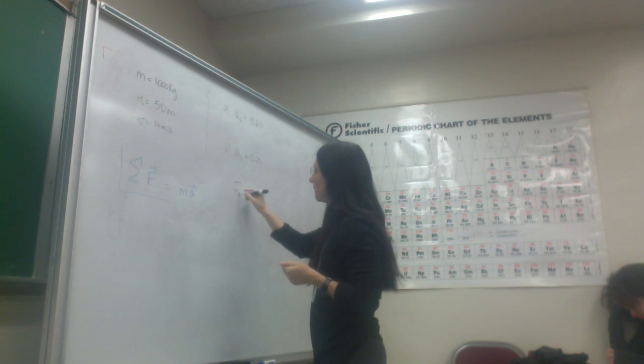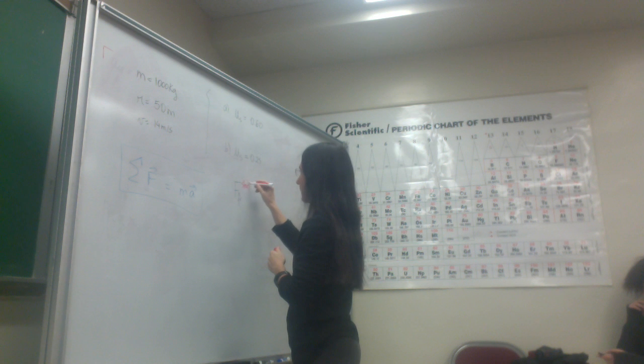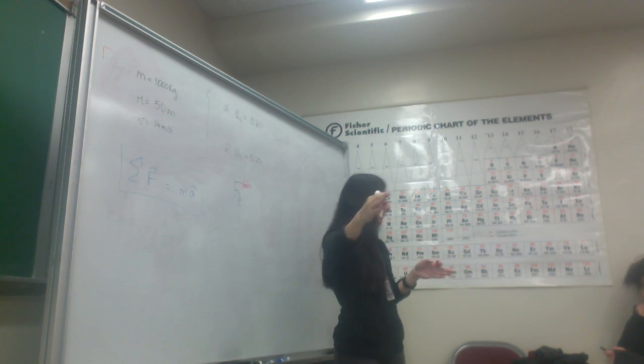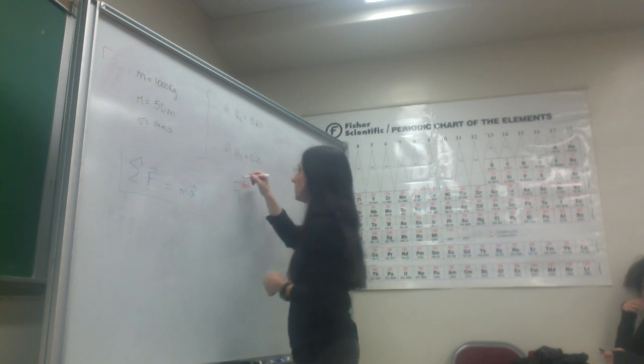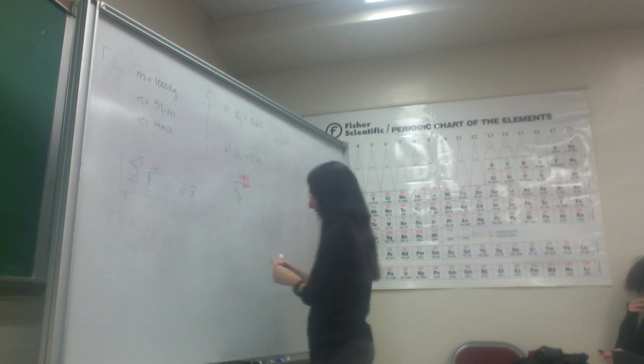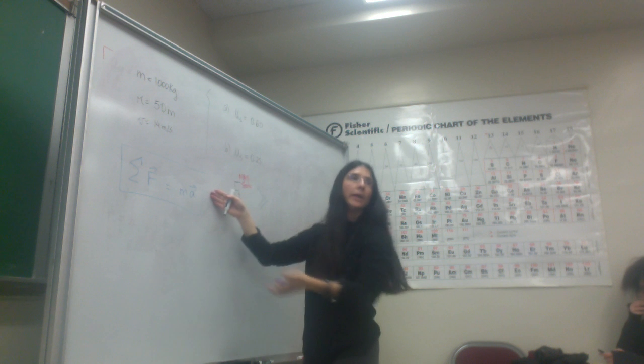That's what we want to see. We want to know if this friction force, which is static, remember that static friction force can go from 0 all the way to a maximum value. So we want to know if this maximum value is larger or equal to the ma.